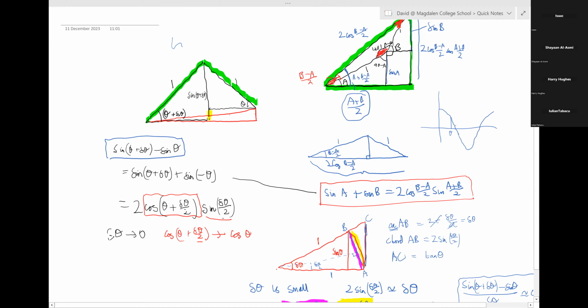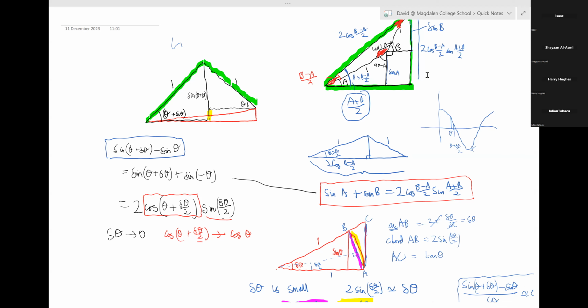This is theta. This is theta plus delta theta over 2. Now, if delta theta over 2 is small, then the value of the cosine at those two angles is close. But obviously, if delta theta is big, I'm going somewhere completely different on the cos wave.